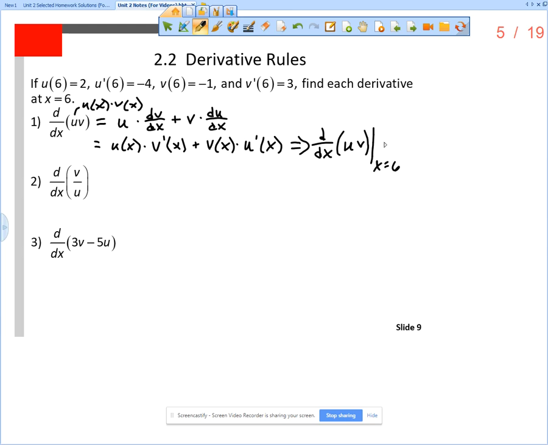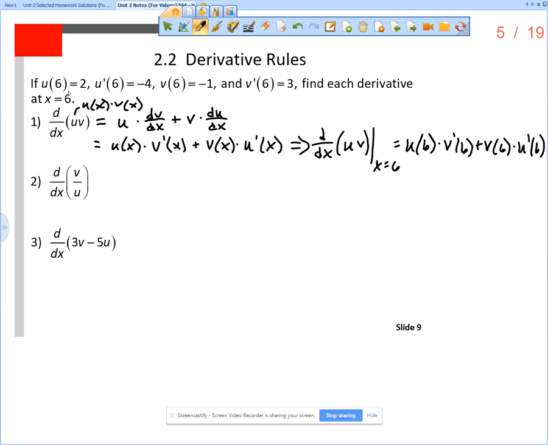So how do we find that? Well, we're actually going to find u of 6 times v prime of 6 plus v of 6 times u prime of 6. So then I just am going to fill in the individual numbers.